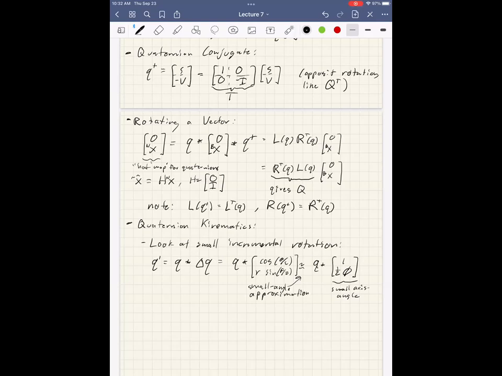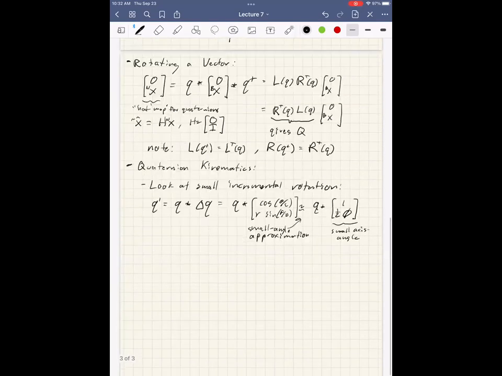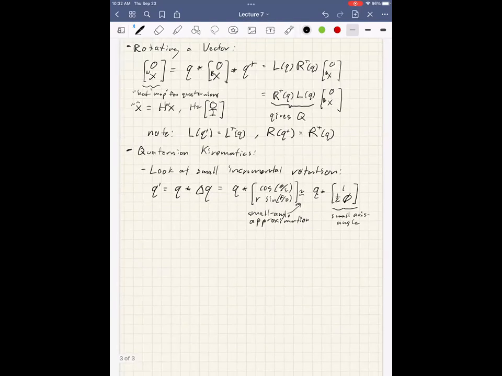So the next move is I can split this into an identity plus that phi over 2 thing. So this is Q times identity plus this thing, and I can now write that as Q plus Q times this.